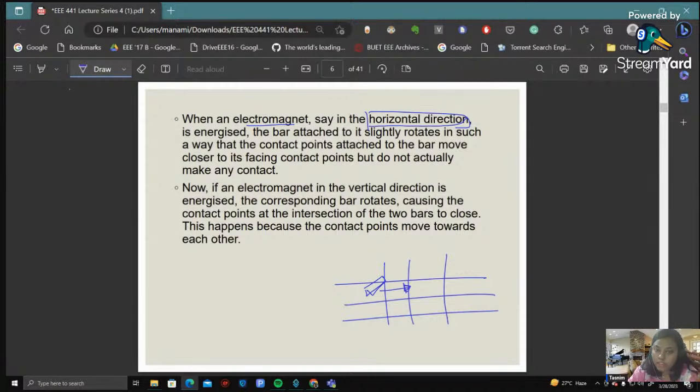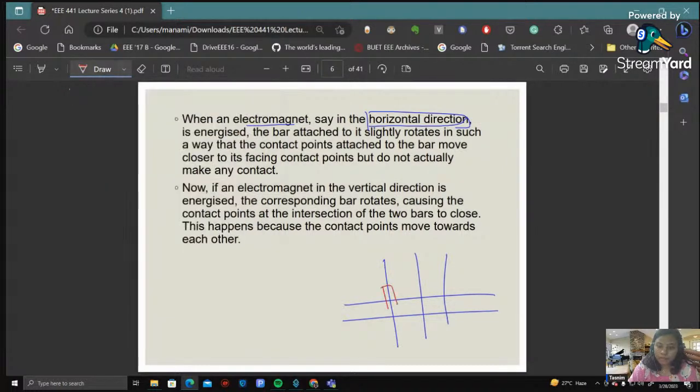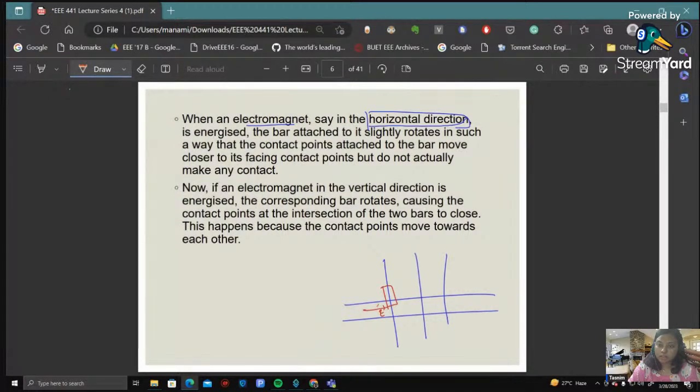The bar attracted to it slightly rotates, so first let's assume this. The energy is provided, and the bar is slightly tilted, rotating in such a way that contact points move closer to the facing contacts.